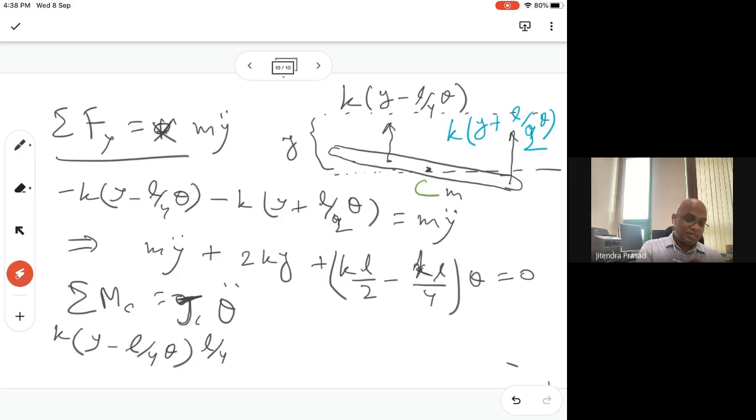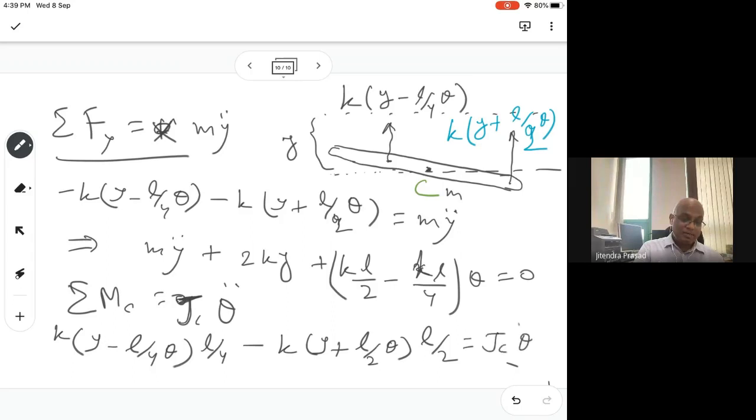From here to here is L over 4, so this is the lever we are applying. Then minus, and then we have k times (y plus L over 2 theta) multiplied by L over 2. This is L over 2 from here to here, but since this is anti-clockwise, we are writing minus. And that is equal to JC theta double dot.